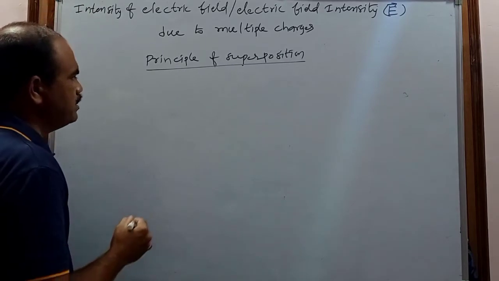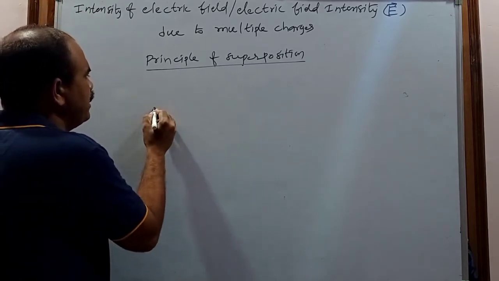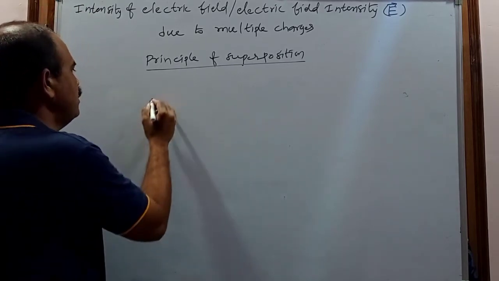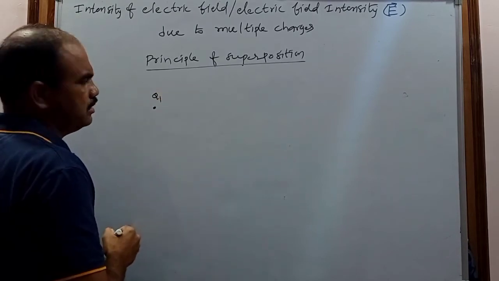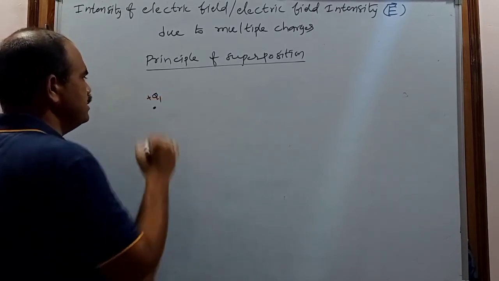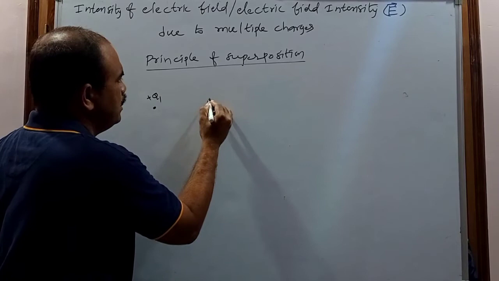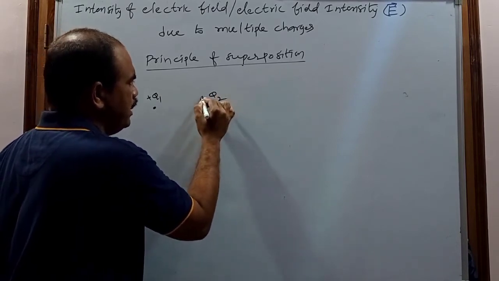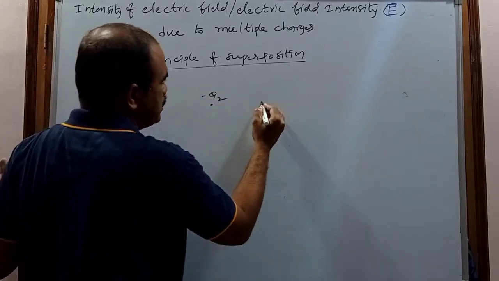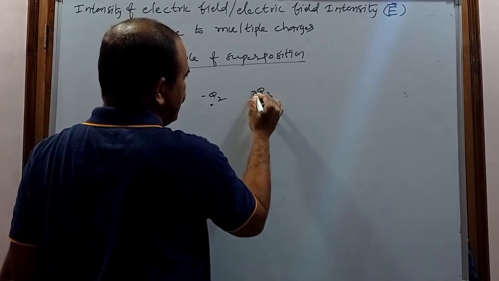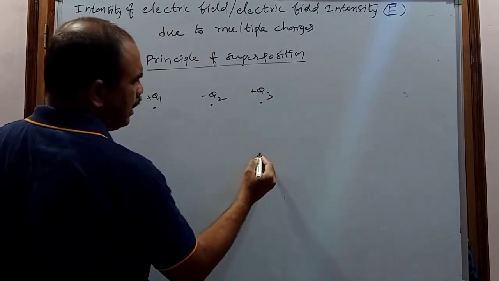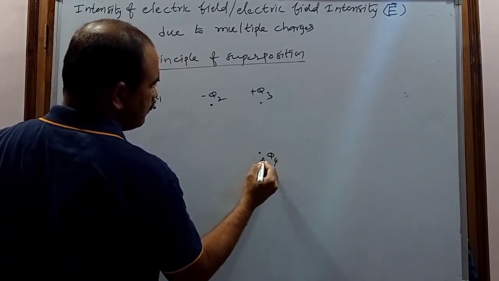So now consider the system contains 4 charges here. This is the Q1 charge, let us consider it is a positive charge. This is the Q2 charge and it is a negative charge. This is the Q3 charge, and again it is a positive charge, and this is the Q4 charge, so it will be a negative charge.